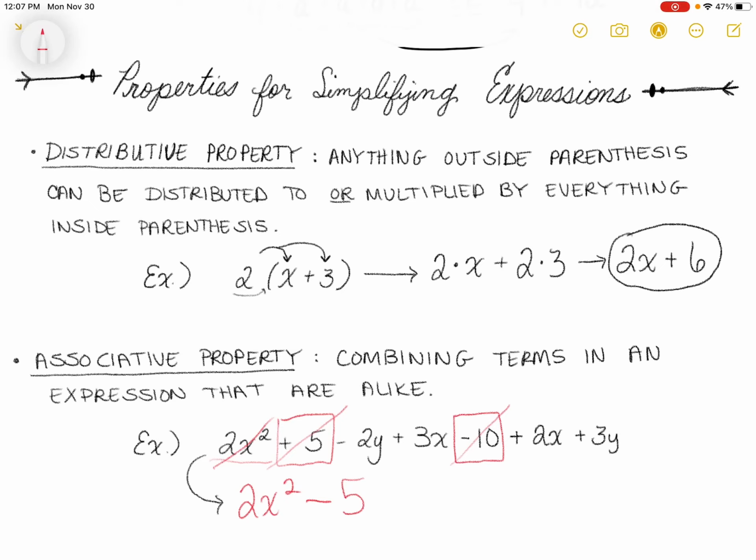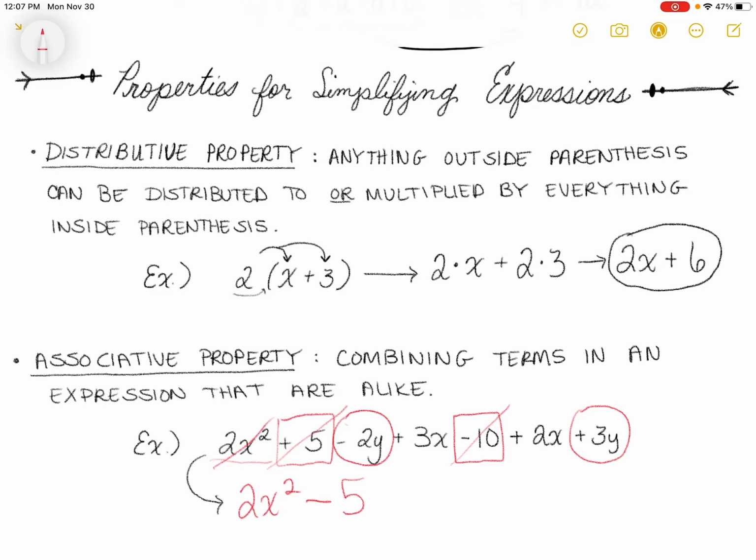Okay, next I come to negative 2y. Going through my expression, I have another variable y, and it's positive 3y. Now what is negative 2 plus 3?